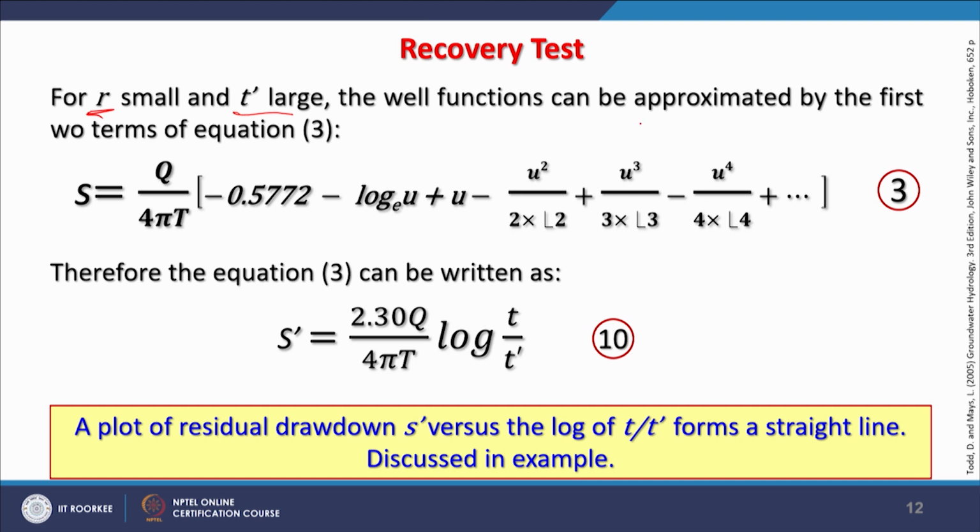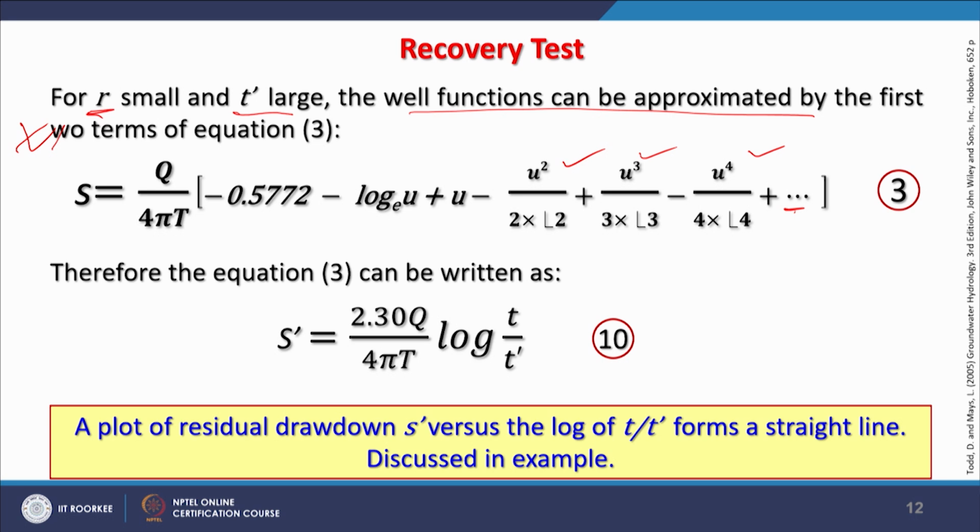So, the well function can be approximated by the first two terms of the equation, which we have earlier discussed, that is s = Q upon 4 pi T bracket minus 0.5772 minus log e u plus u minus u square upon 2 into 2!, and then the u cubed term, and likewise we keep writing depending on our requirements.